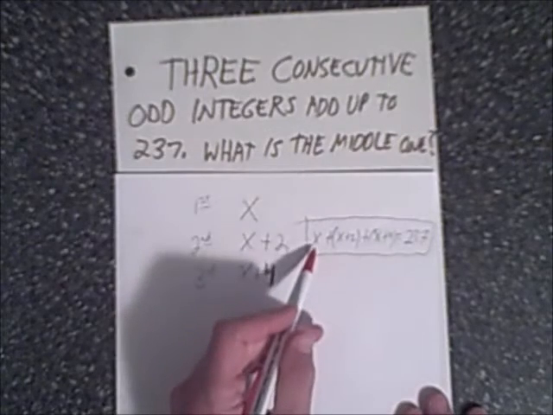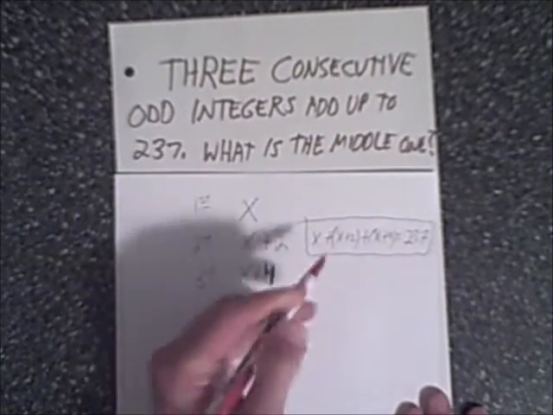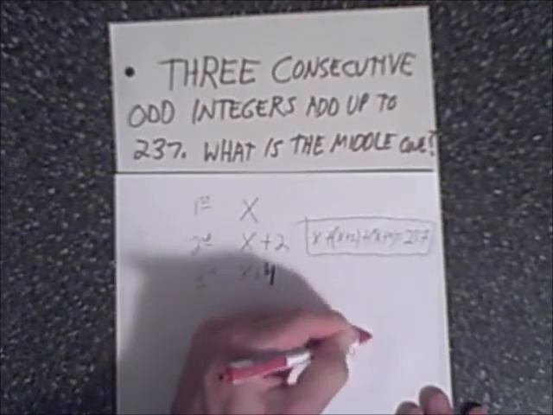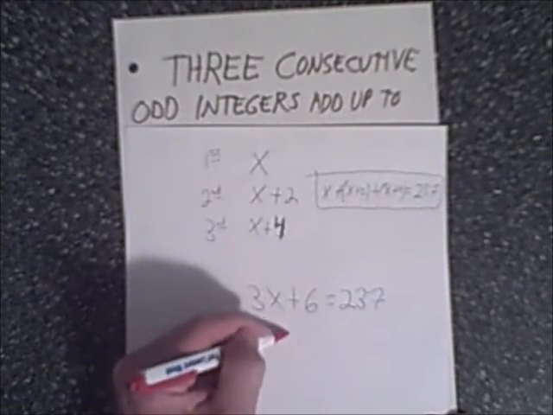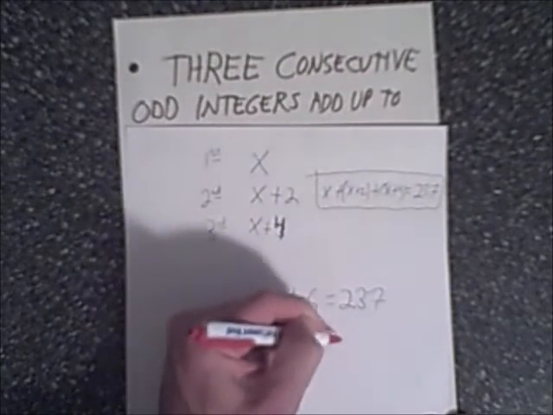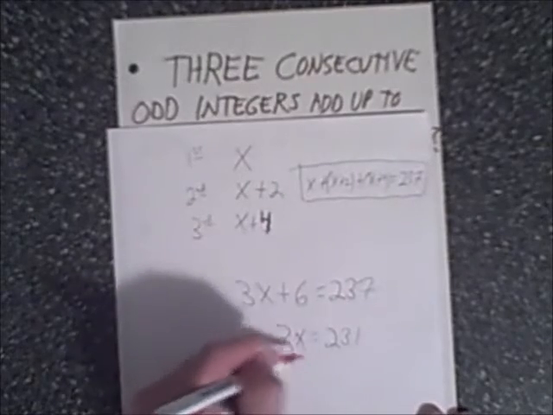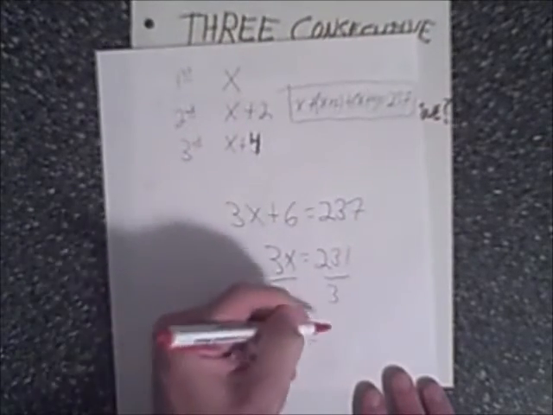So let's add, this becomes x plus x plus x is 3x plus 4 plus 2, 6 equals 237. Okay, and then simple algebra, 3x equals 231. Okay, and 231 divided by 3, both sides by 3, x would equal 77.